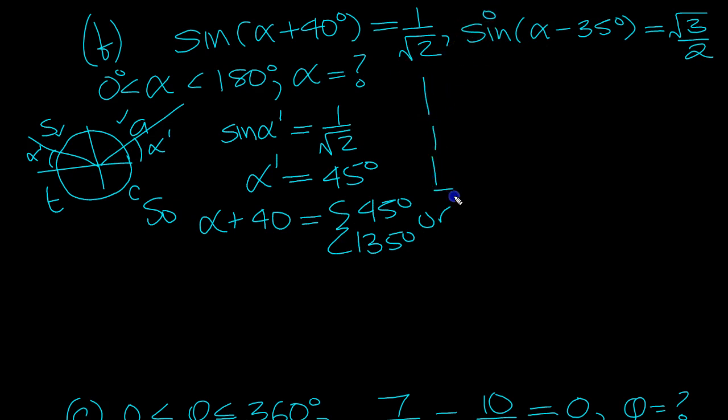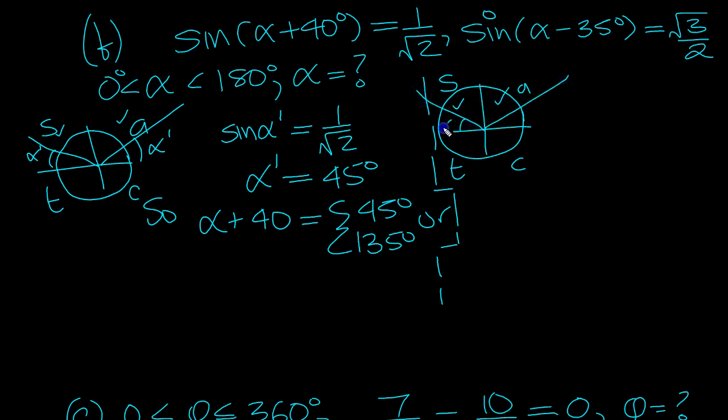This one, let's do it again. So here, CAST, sine is positive again, here and here. So our alpha dashed now is equal to root 3 over 2. Sine 60, isn't it? 60 degrees alpha dashed.